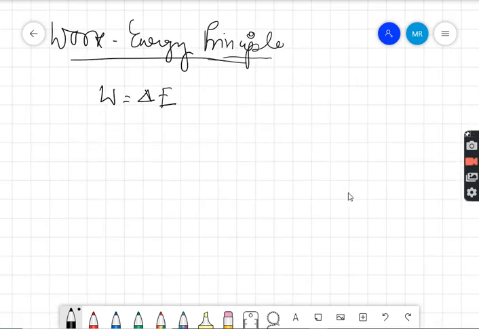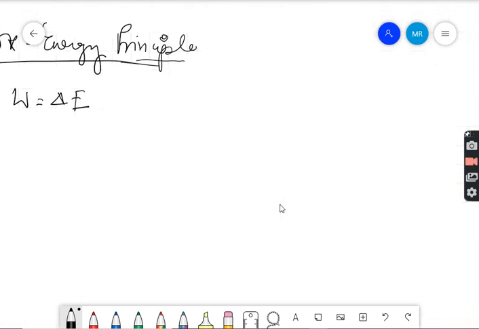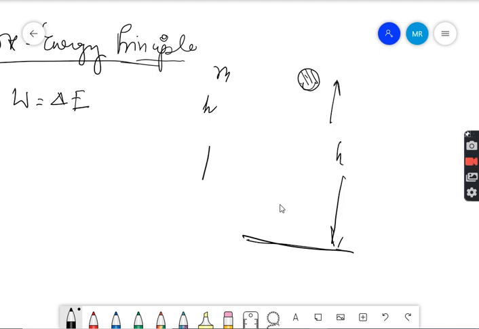For this, I'm going to take one real life example. Suppose this is the ground and here's the body, a ball having mass m at a height h. The acceleration due to gravity, g, is acting. Here free fall happens.